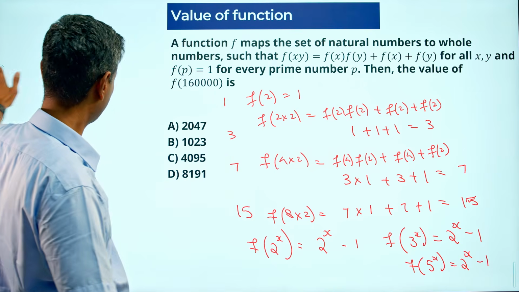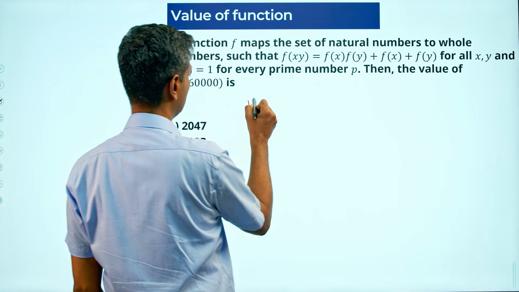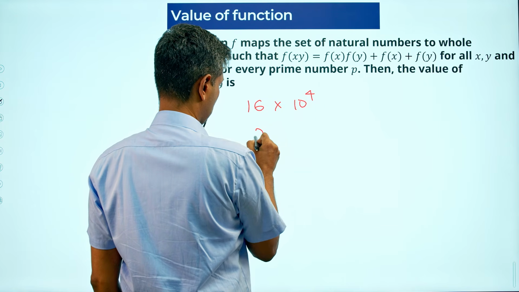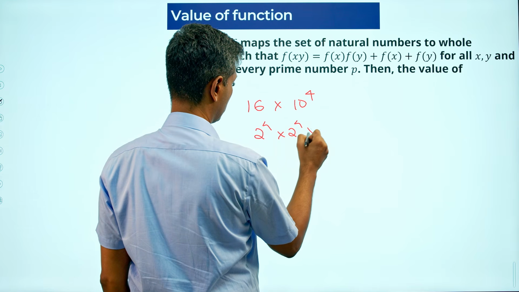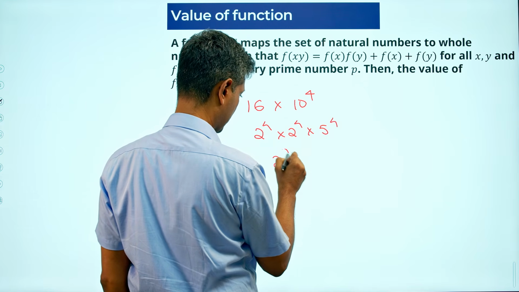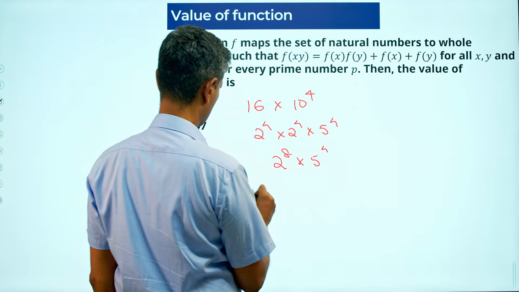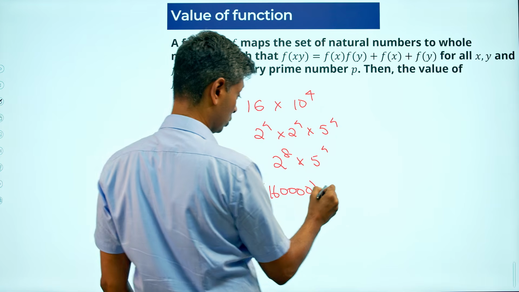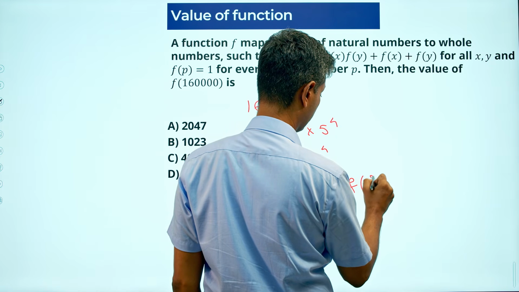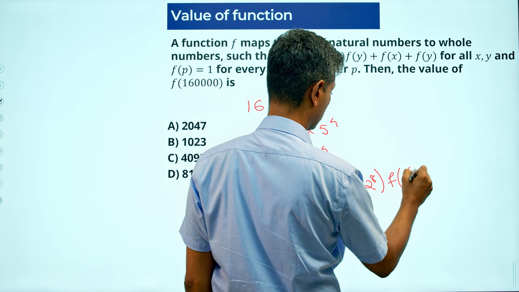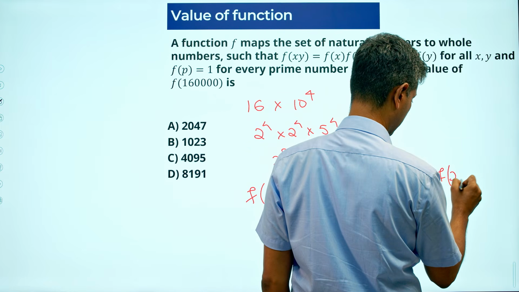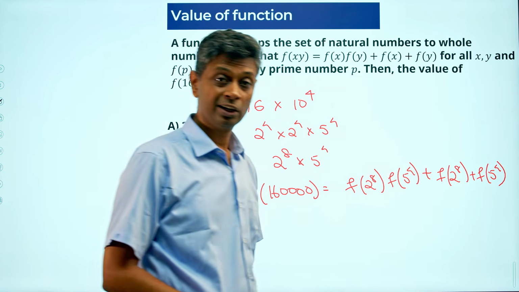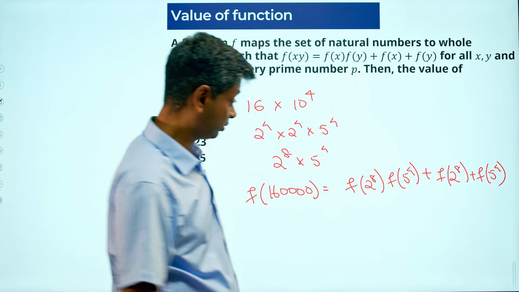Now what do we do? We factorize this: 160,000 is 16 into 10 power 4, which is 2 power 4 into 2 power 4 into 5 power 4, so 2 power 8 into 5 power 4. So f of 160,000 is f of 2 power 8 into f of 5 power 4 plus f of 2 power 8 plus f of 5 power 4. 2 power 8 is 256.